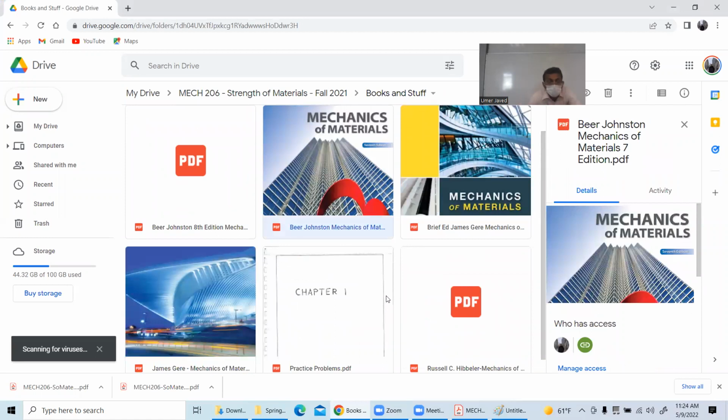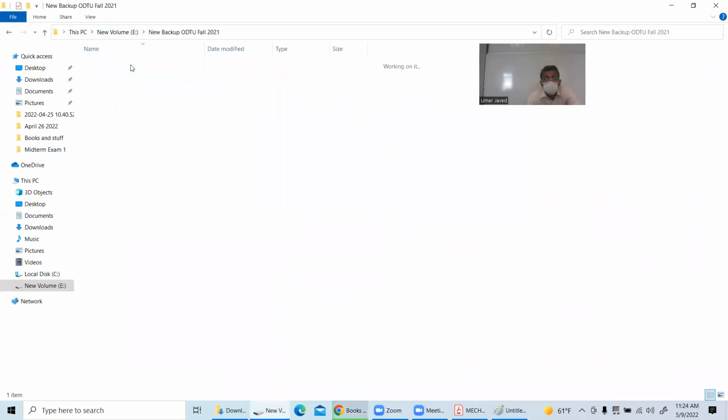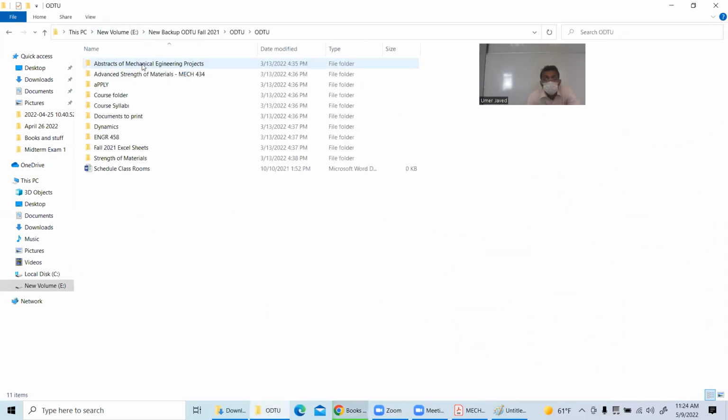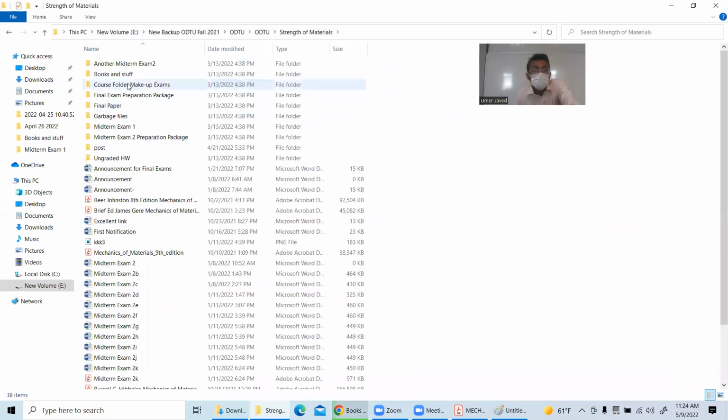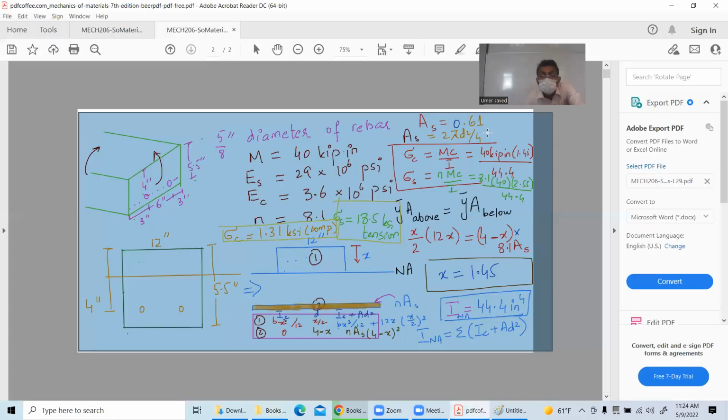So he already opened the textbook, so I thought I should also show you the textbook. Students are doing the right thing by opening the textbook. Okay, where is the 7th edition? 7th or 8th? Yeah, here it is.